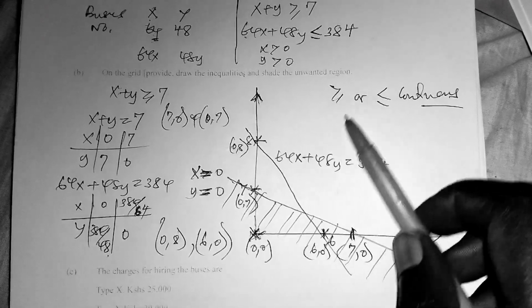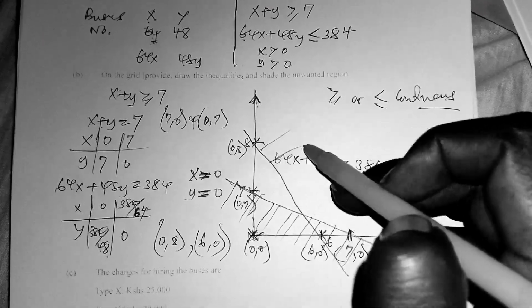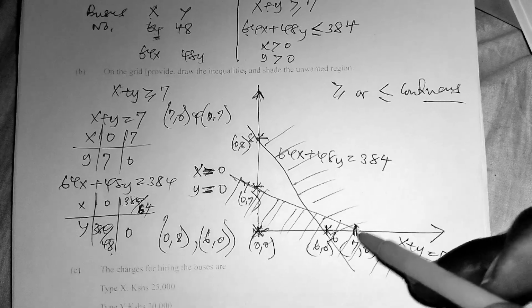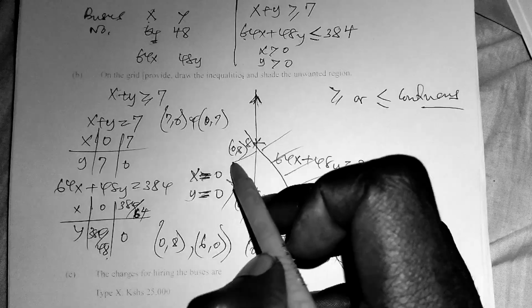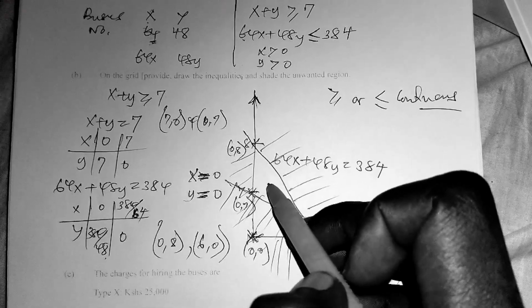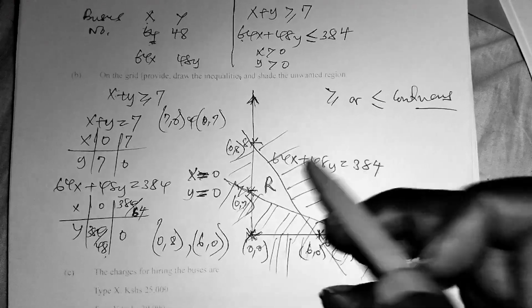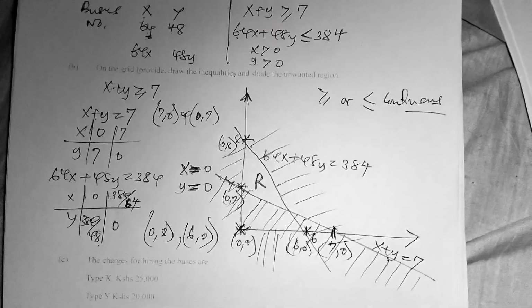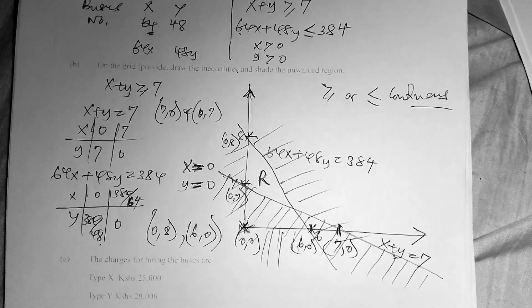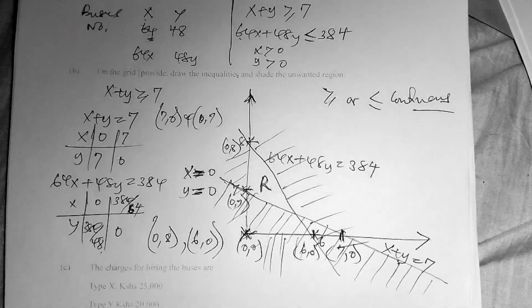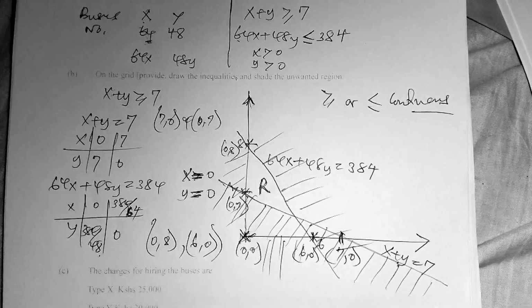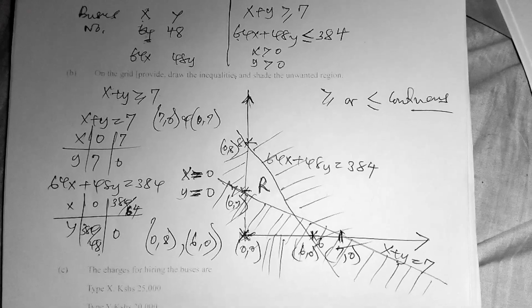So the false side is this other place, then y is greater than 0, and again x is greater than 0. So we have this region R where we are going to find the maximum points for x and y, whereby you can either maximize the objective function or minimize.